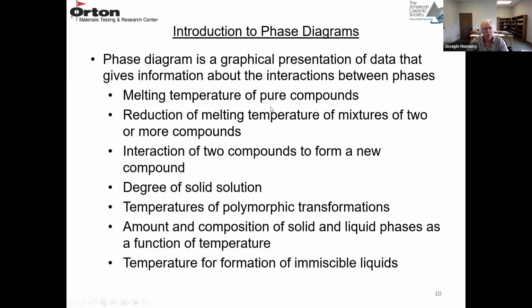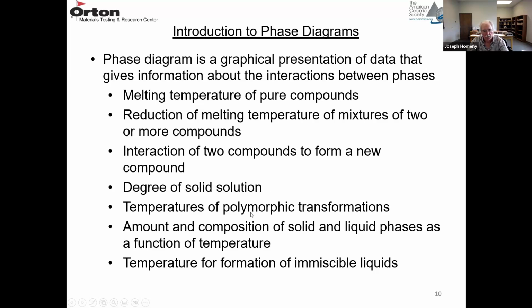So some of the information on a phase diagram: you get the melting temperature of the pure compounds. You get the reduction of melting temperature for a mixture of the compounds. You get new compound formation due to the interaction of compounds. You also can determine the degree of solid solution.